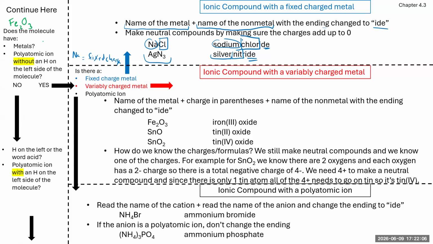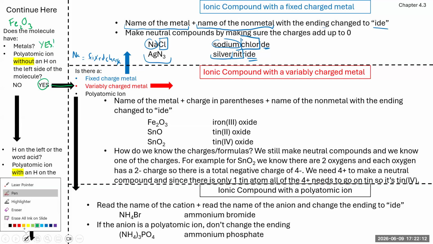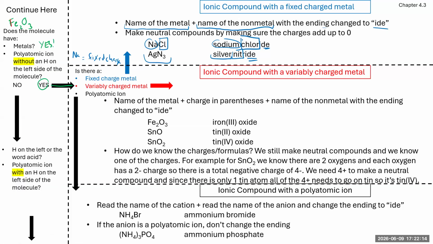All right. So does it have a metal? Yes. So immediately we can go here and we go over here. I was doing it in red, my bad. Follow the little pattern here. Fe2O3, and we're going to say yes, and then yes. But this is now a variably charged metal because we'll say Fe, right?